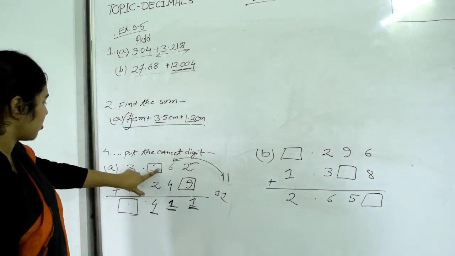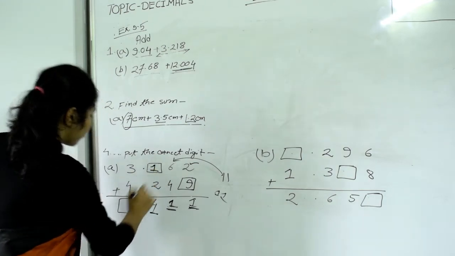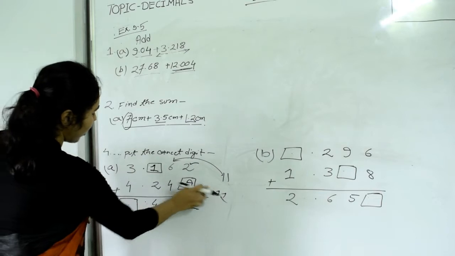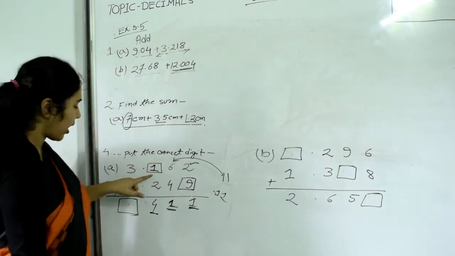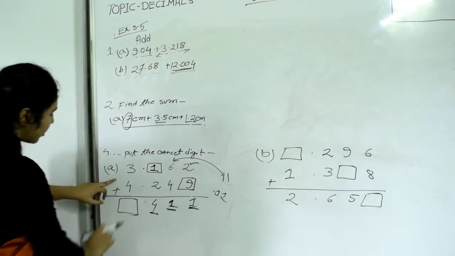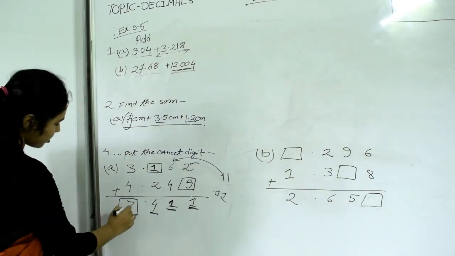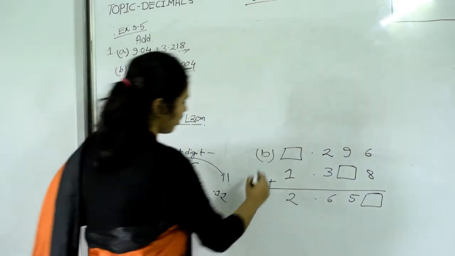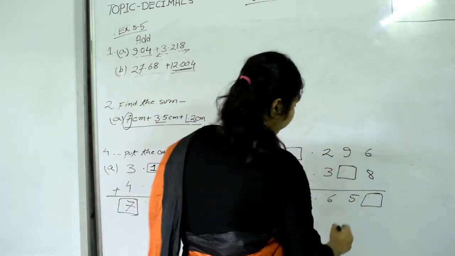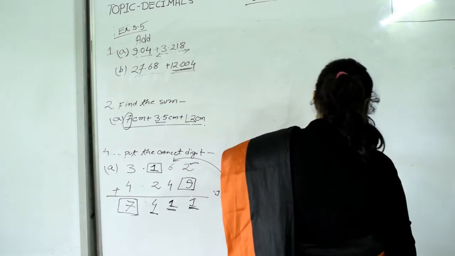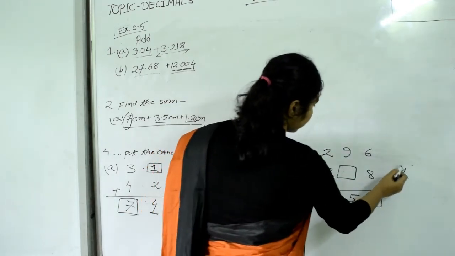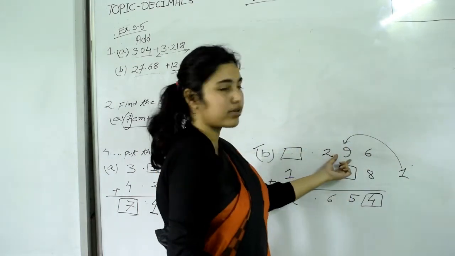Now 1 plus 2. So 1. Now take this 1 here. So 1 plus 1, 2, and 2 plus 2 is 4. Now this part, 3 plus 4 is 7. Next, 6 plus 8, 14. Again 1, take this 1 and add with 9.